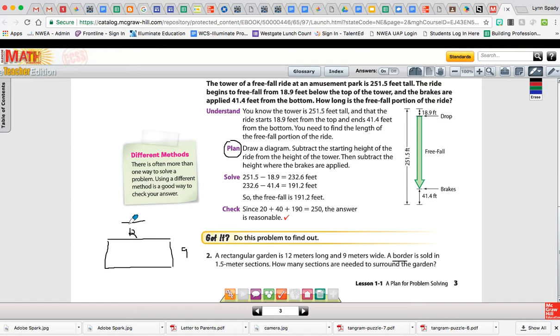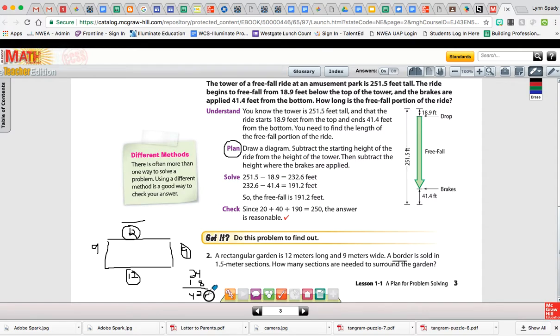So what I'm going to do is I'm going to solve by finding the perimeter. If this is 12, then this is also 12 if it's a rectangular shaped garden. So that's a total of 24. Okay, and then I have 9 for my width, and then a 9 over here, and 9 plus 9 is 18. So when I add up those dimensions here, I get a total of 42 meters.